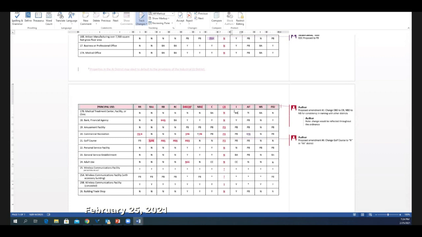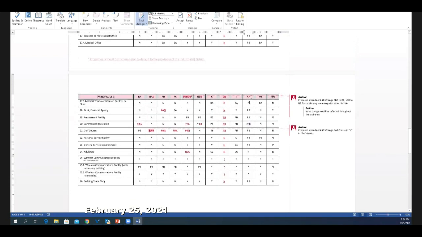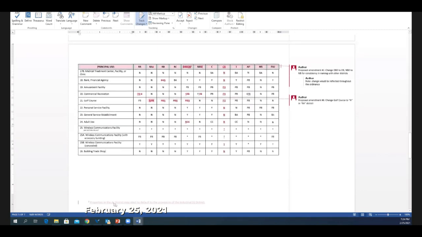Shouldn't the N be a BA then? Well, it's a BA here. If you look at the footnote for AI, it says you can revert to I. Right. So basically that just means they can do it here. Anything utilizing the adaptive industrial designation would be through the planning board strictly. The planning board would be the body governing that incentive.